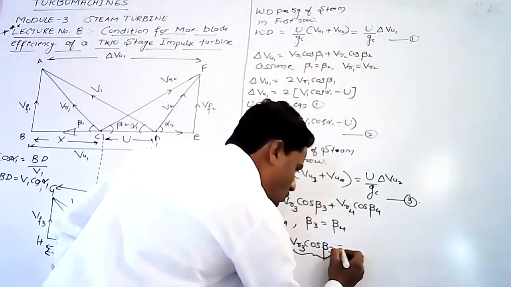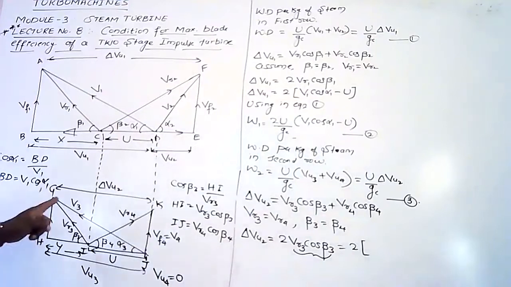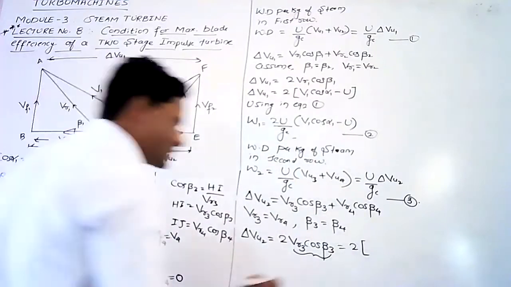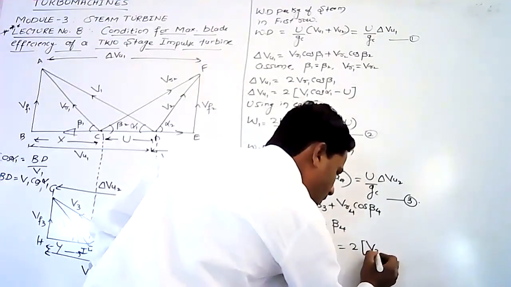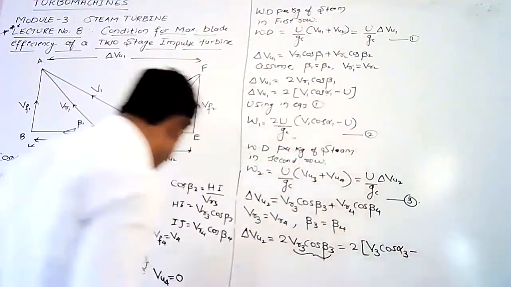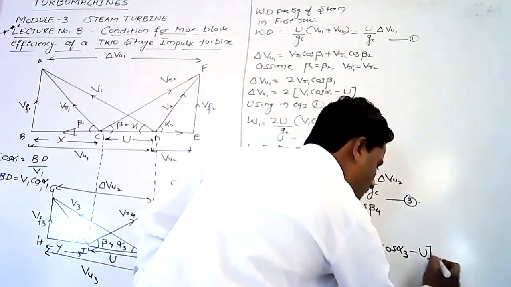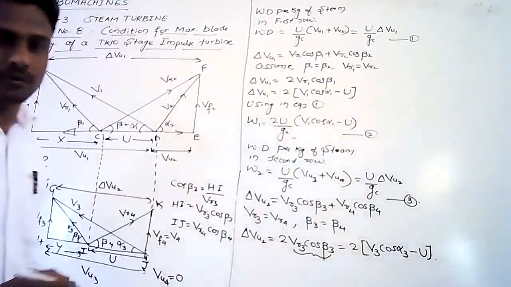So 2, it is outside the bracket. Let me write it outside the bracket. So 2 times (V3 cos alpha 3 minus U) here. Is that clear to all of you?